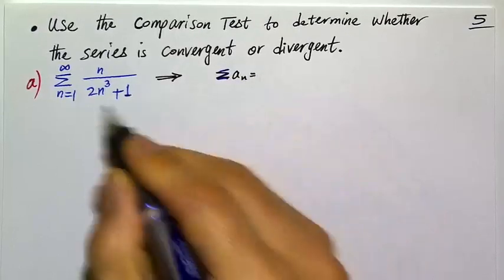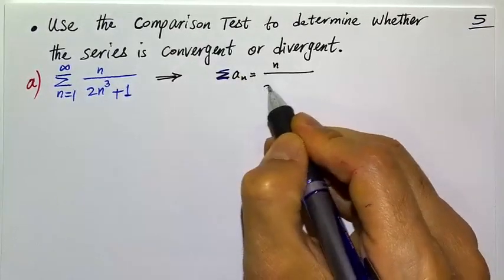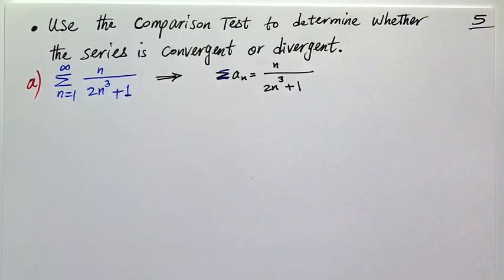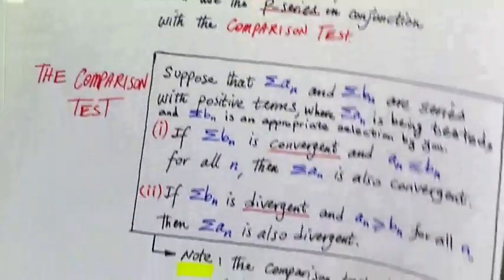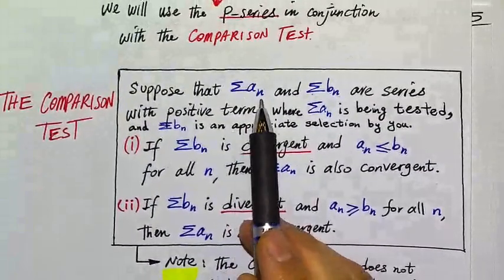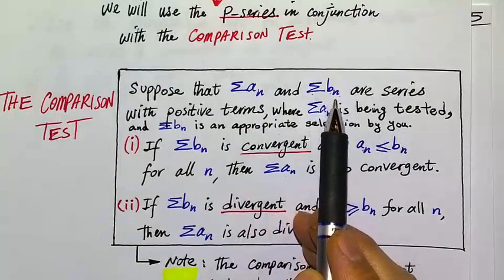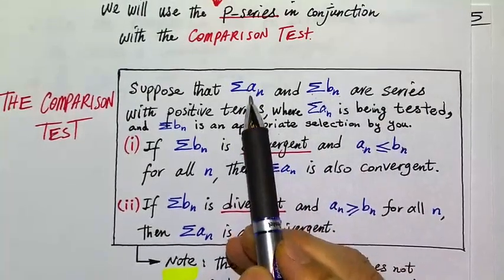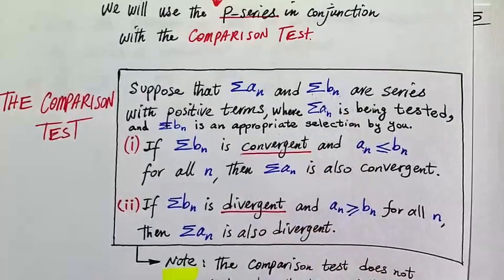Sigma a of n is n over 2n cubed plus 1. Using the comparison test, we have to determine what is sigma a n and what is sigma b n, these two different series. So that's the one we're testing. Now this one, we have to pick.